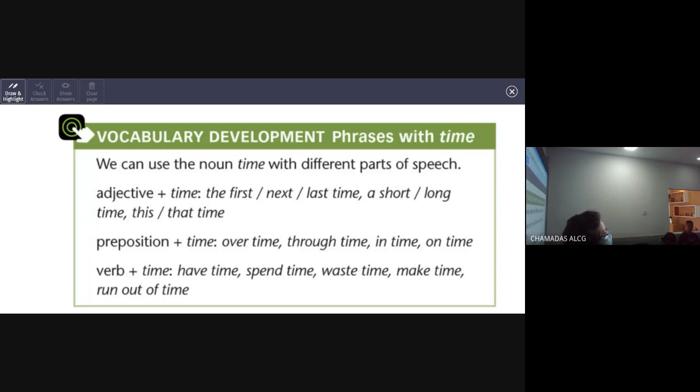So if you have a word and you don't know that word, you can ask, oh, teacher, what's the part of speech of this word? I will say, oh, it's a verb.